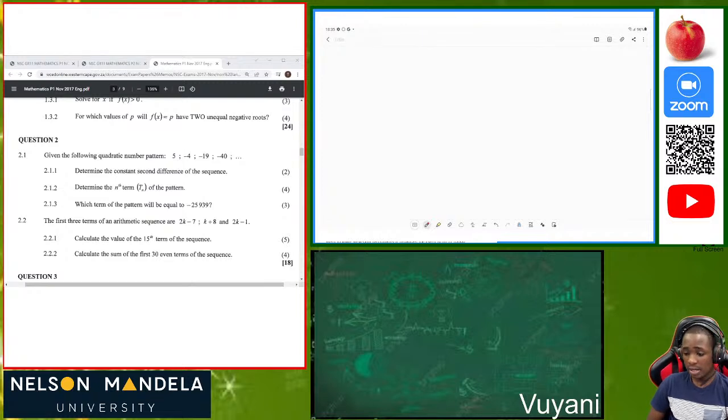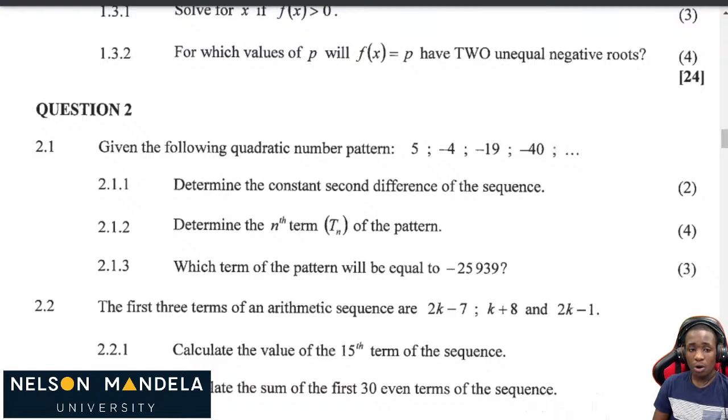All right. Let me just do maybe 3 or 4 examples on this before we do many questions on this section. Okay, so let's do the question which we have here. It reads as follows.